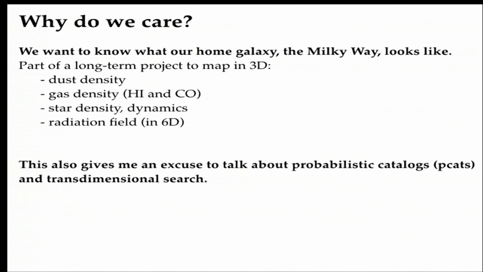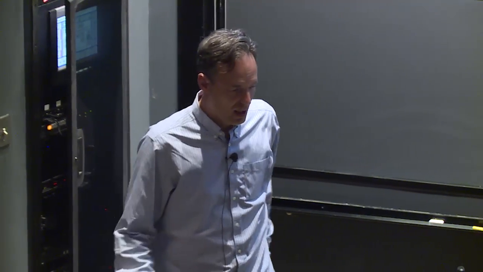We want to look at the density of stars and their dynamics, and that's really going to be a big growing industry in the next few years with the Gaia satellite releasing its data in coming months. That's making precise measurements of the positions and motions of 1 billion stars. And we'd really like to know about the radiation field of the galaxy in 6 dimensions. How much radiation is there in every direction, in every energy, in every volume element.